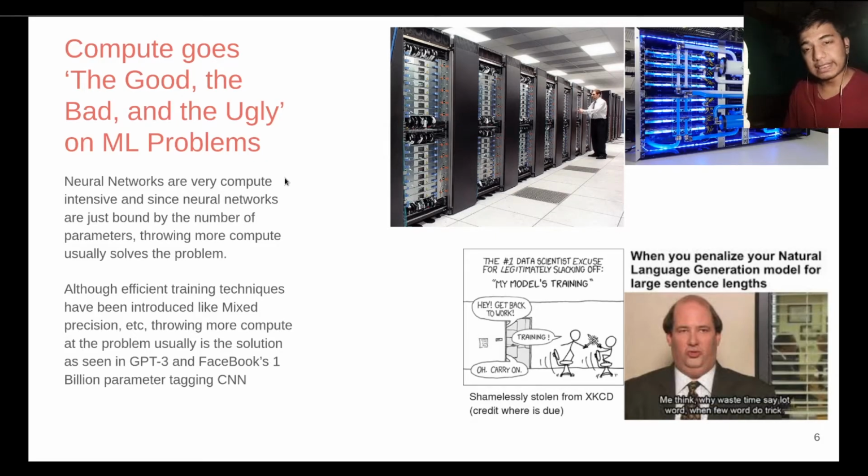It's a 175 billion parameter neural network, and the cost of training GPT-3 was around $500,000. And that does not include the cost of the GPUs. No, that's just the cost of electricity and nothing else. So that's what we are going to be looking into as we move forward.